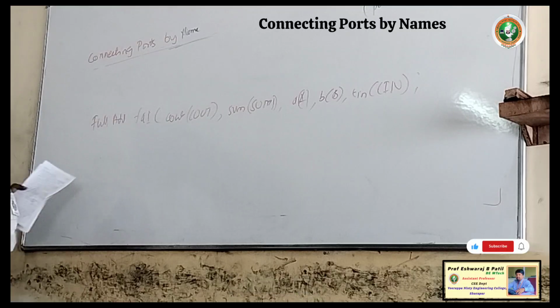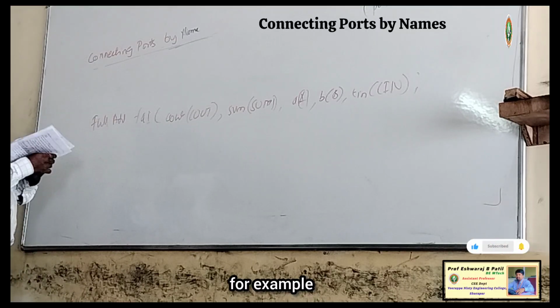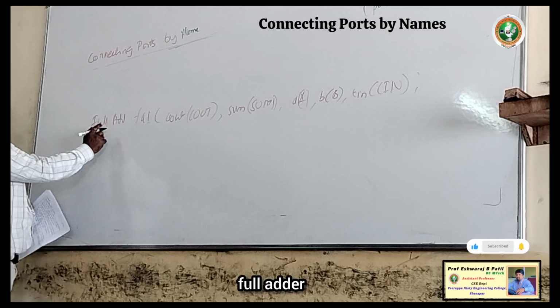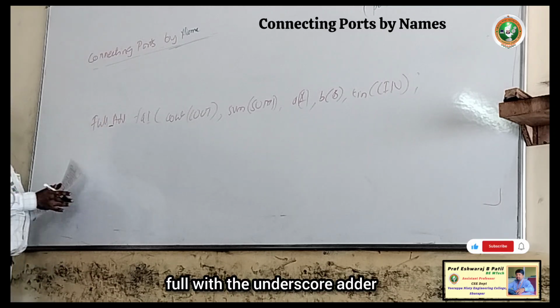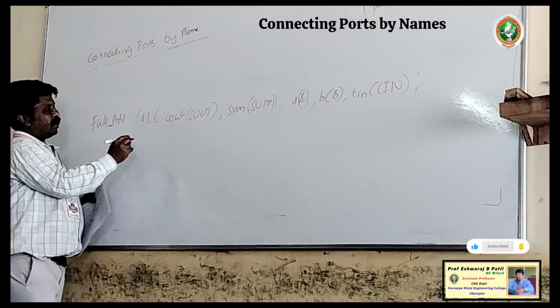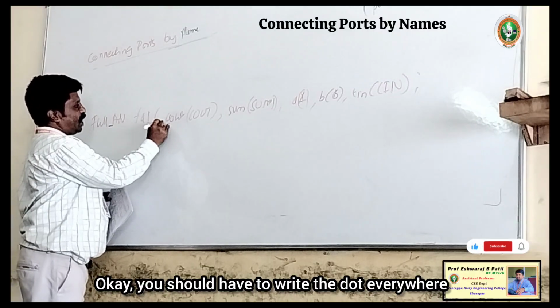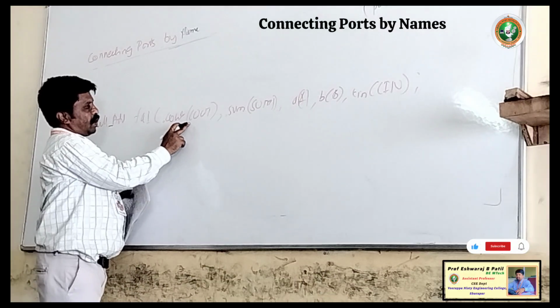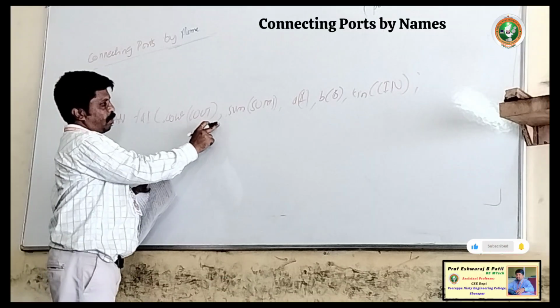For example, full_adder fa1, dot cout, bracket cout, comma, dot sum.